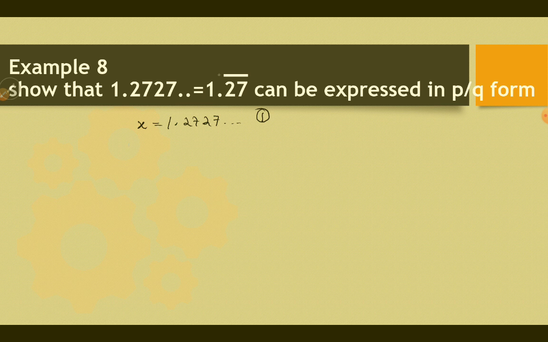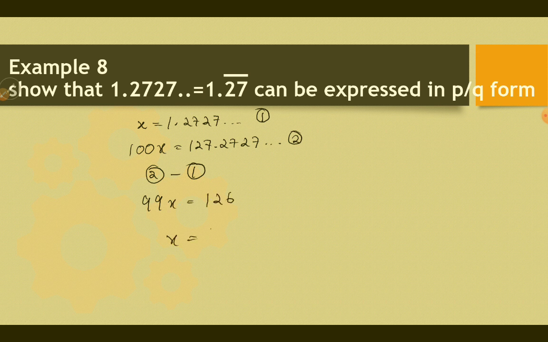As there are two repeating digits, 100x is equal to 127.2727, that's equation number 2. Equation 2 minus equation 1 will give us 99x is equal to 126. So x is equal to 126 by 99, which is 14 by 11, which is in p by q form.